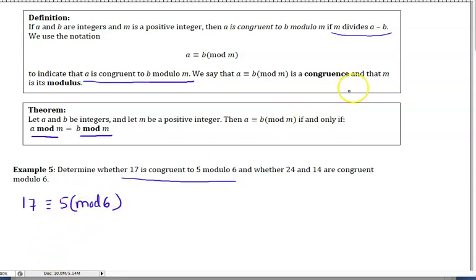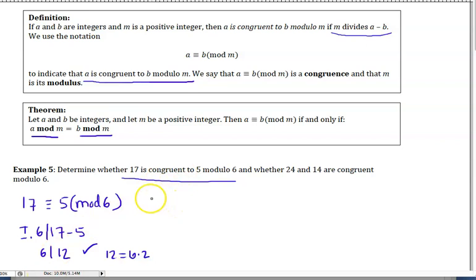Again, there's two ways to check it. The first way is if I take 17 minus 5, does 6 divide 17 minus 5? In this case that's yes, because 17 minus 5 is 12, and 6 does divide 12, because you can write 12 as 6 times 2.